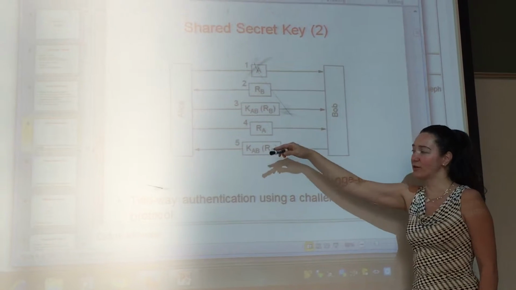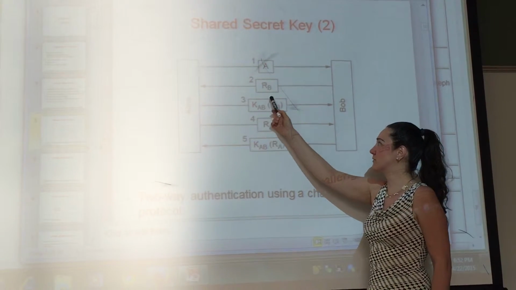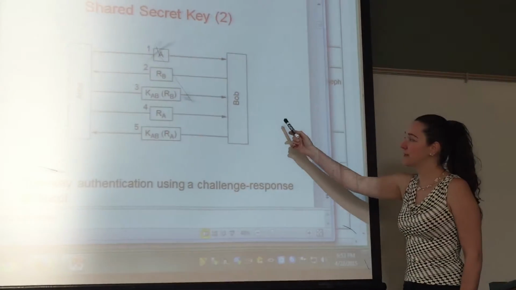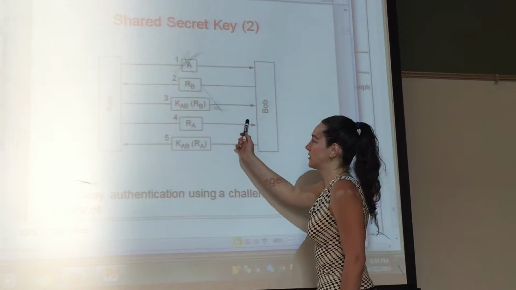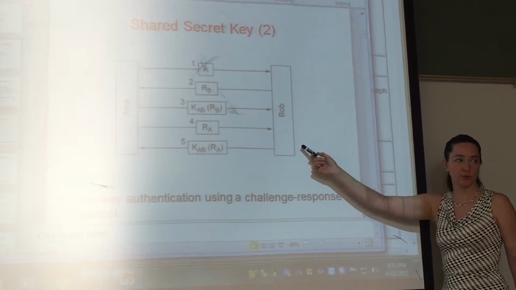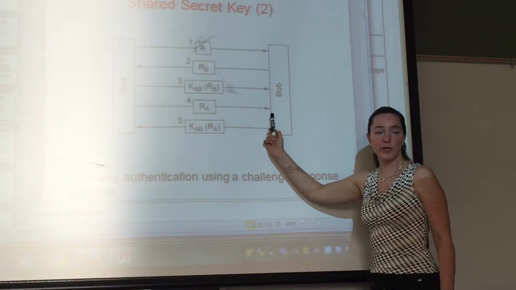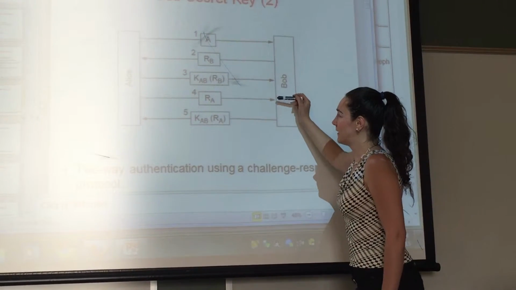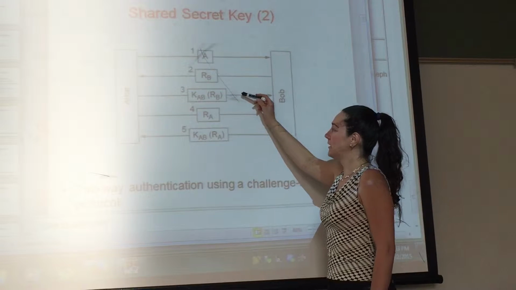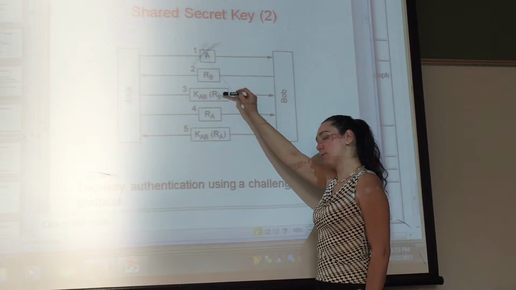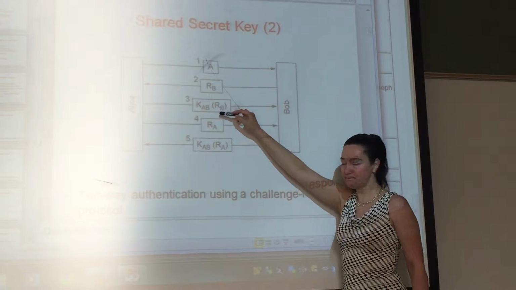If she has the shared key, she would use the key to encrypt that number. Send it back to Bob. And she also sends her challenge because she needs to verify that this really is Bob and not somebody else who's trying to establish a secure channel with her. So if this really is Bob, and if they share the key, he would be able to decrypt this and see that this is the same random number that he sent to her.